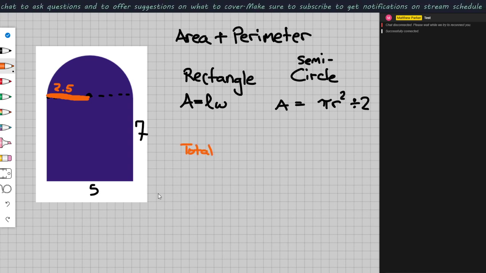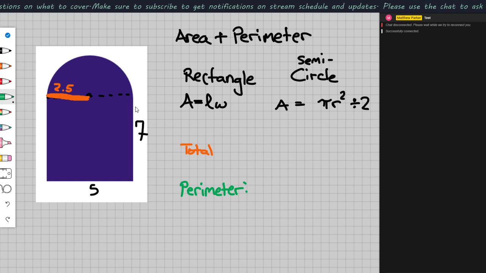And then for the perimeter, you still have the rectangle, but I would pick a corner and then add around the edges. So if this is 5 and this is 7, you'll have to know what the side is. And the trick to this one is the semicircle again.